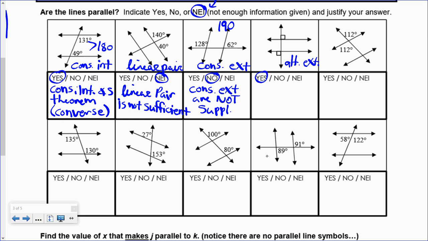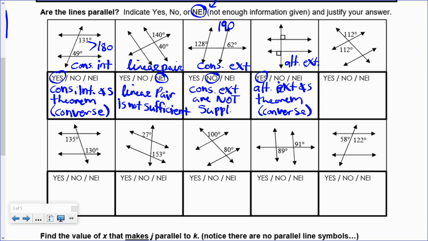Now, which theorem would I state, and how would I write it? Alternate exterior angles theorem. But it's the converse. Good. It's the converse because the original goes from lines to angles, and this one's going from angles to lines.